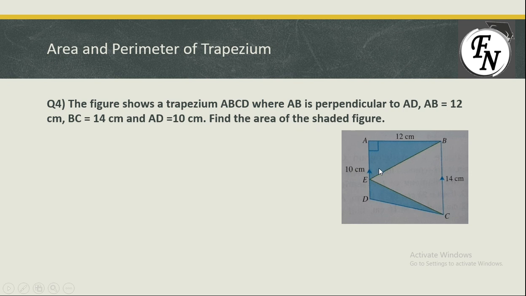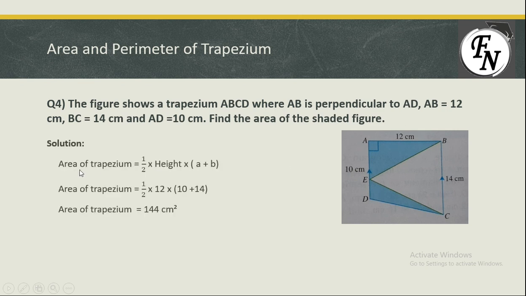And how can I do that? I can first calculate the area of the whole figure, that is the trapezium, and then I can separate out this unshaded part to get the shaded part, as I cannot calculate the area of the shaded part directly. So first of all, I will use the formula of area of trapezium, that is half into height into the sum of both sides.